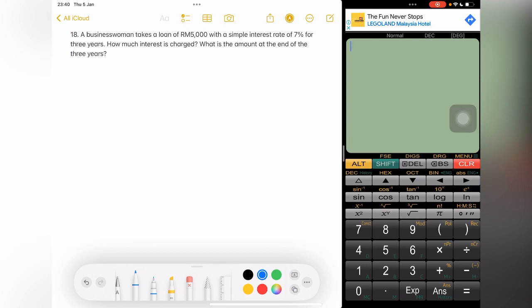The principal is 5,000, the interest rate is 7%, or we say 0.07, and the time is 3 years.